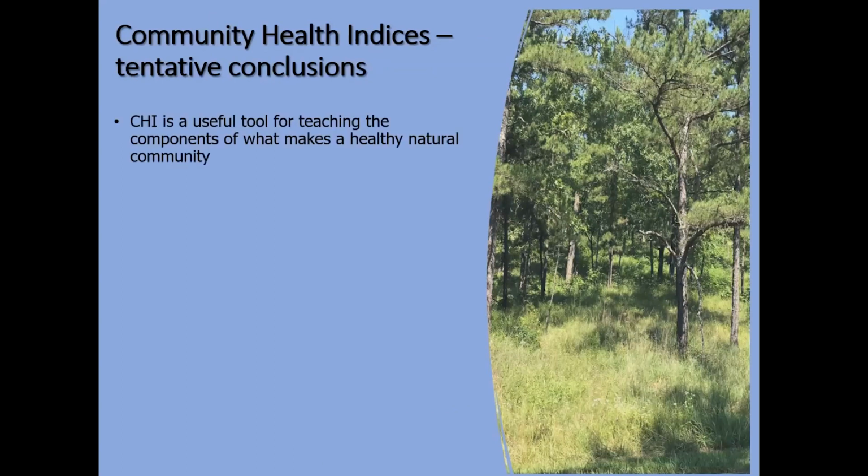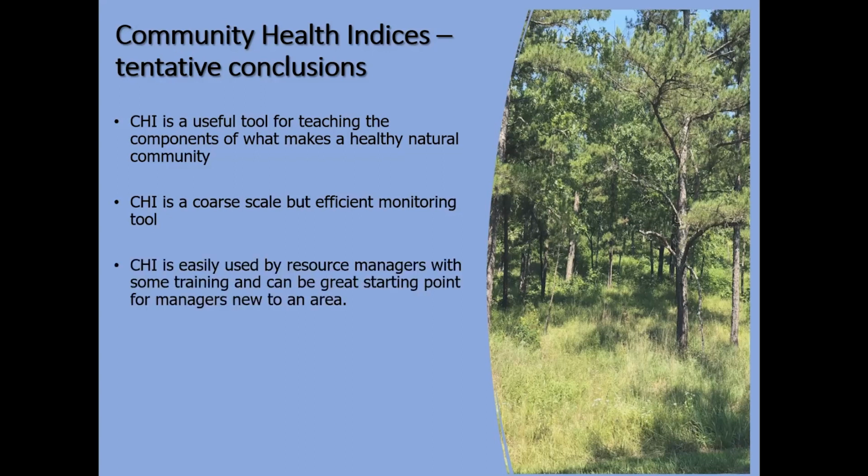So, some tentative conclusions: what we've found so far with community health indices. CHI is a useful tool for teaching the components of what makes a healthy natural community. It is a coarse scale, but it is efficient at monitoring these sites. The CHI can be easily used by resource managers with some training, and it can be a great starting point for managers new to an area.